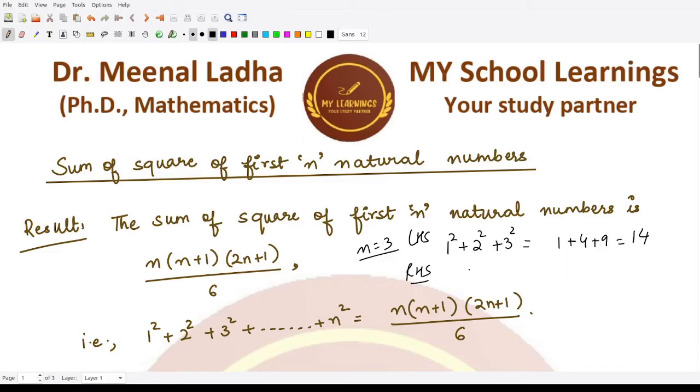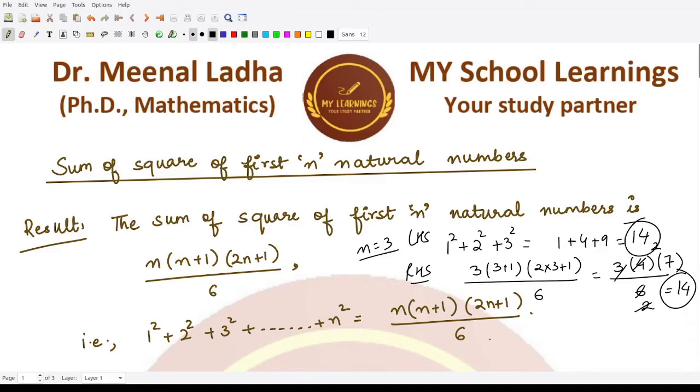Taking n as 3, it is 3 into (3 plus 1) into (2 into 3 plus 1) divided by 6, which is 3 into 4 into 7 divided by 6. Cancelling, the answer is again 14. Left hand side and right hand side are equal, hence the result is true for n is equal to 3.